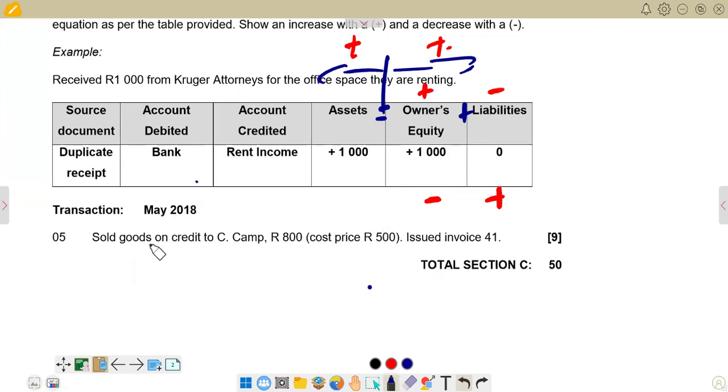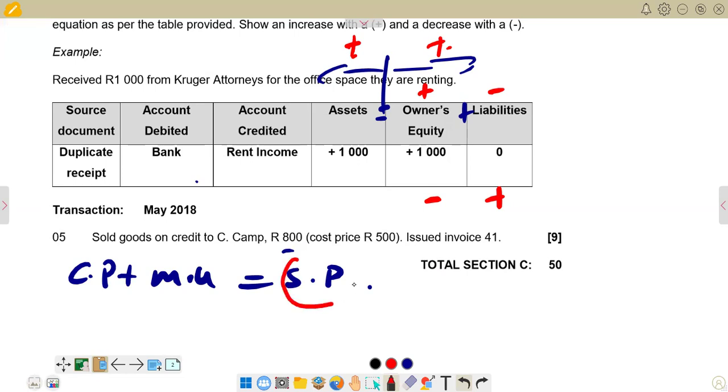So the first double entry affects the total amount of the selling price. Remember, to get the selling price, we say cost price plus markup. The first double entry is for the selling price, which in this case is 800 rands.